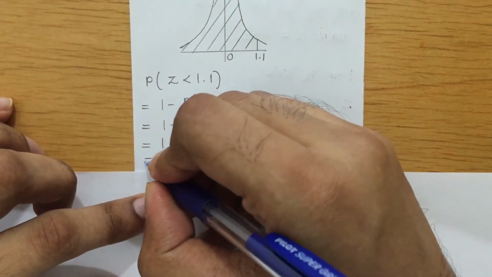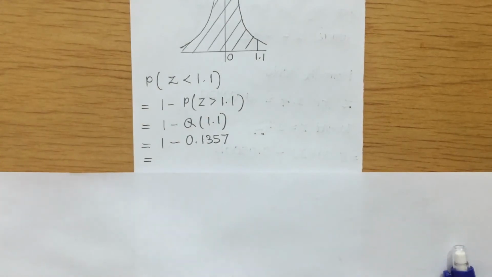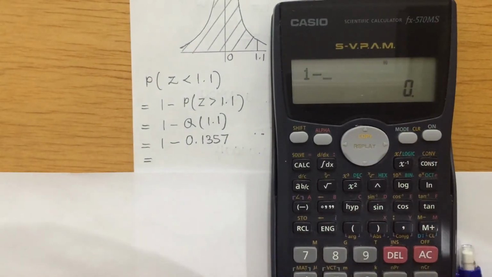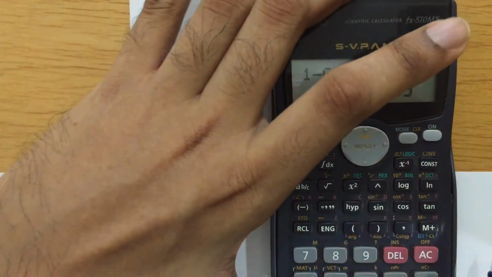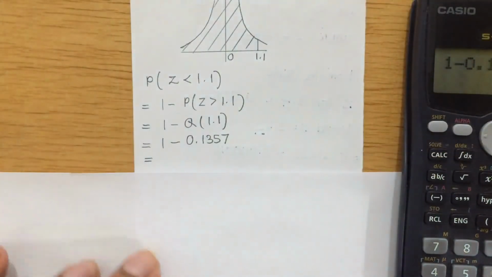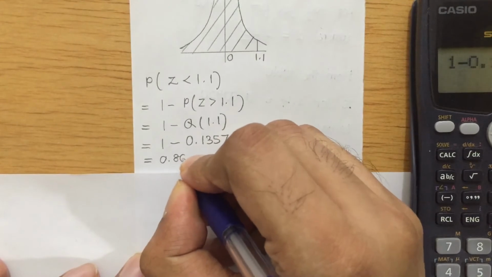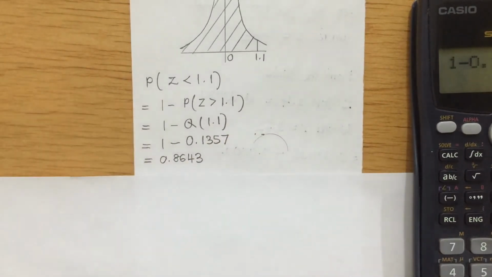Let us calculate this together: 1 minus 0.1357. From here you get your answer, 0.8643. So this will be your probability, and this will be your final answer.